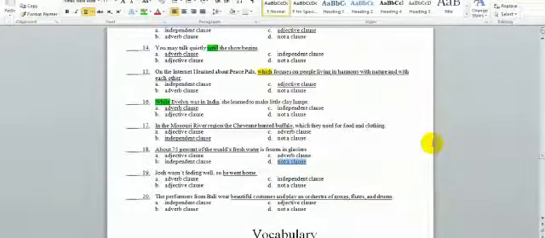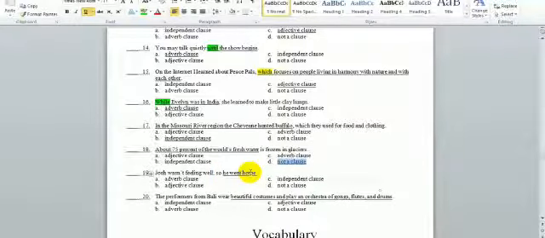Number 19. Josh wasn't feeling well, so he went home. Alright, that's a new trick. He went home. They didn't underline the clause starting from so. So is a conjunction, but the underline is starting from the subject he. So he went home is not a subordinate clause.